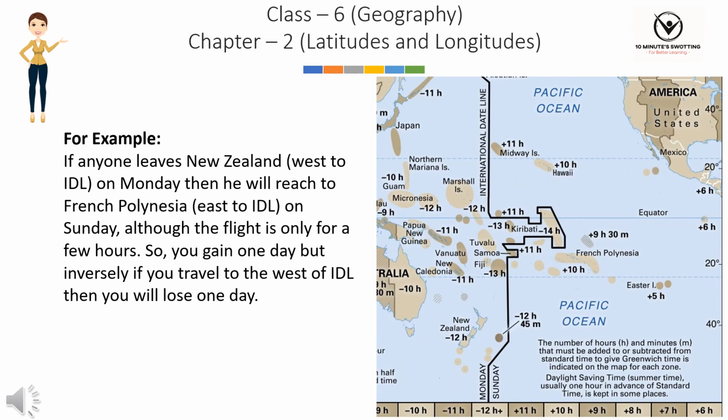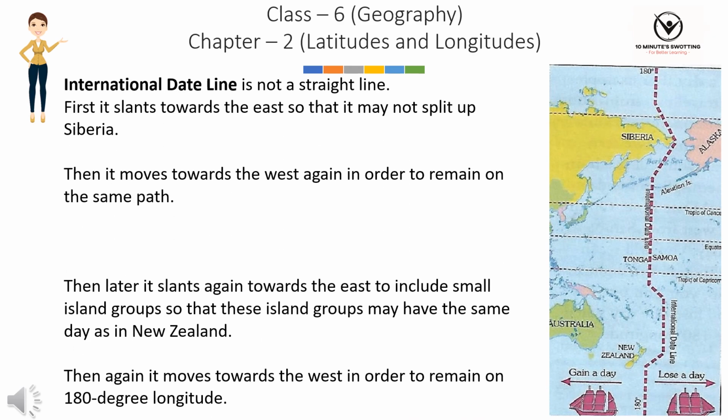For example, if anyone leaves New Zealand, west to International Date Line, on Monday, then he will reach French Polynesia, east to International Date Line, on Sunday, although the flight is only for a few hours. So, you gain 1 day, but inversely if you travel to the west of the International Date Line, then you will lose 1 day.